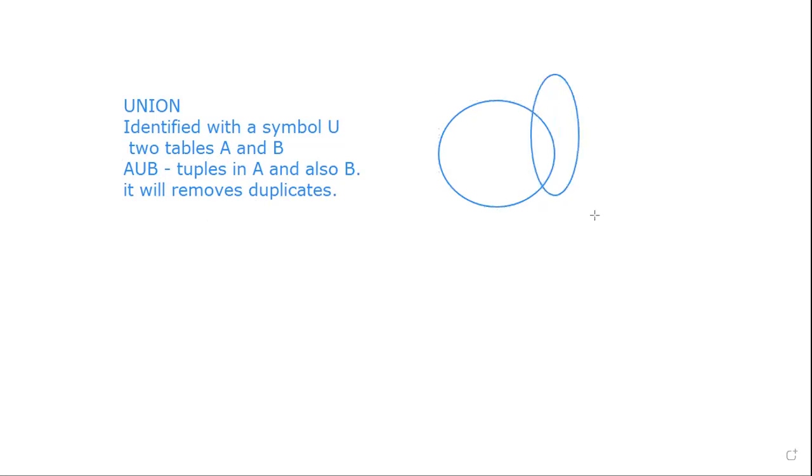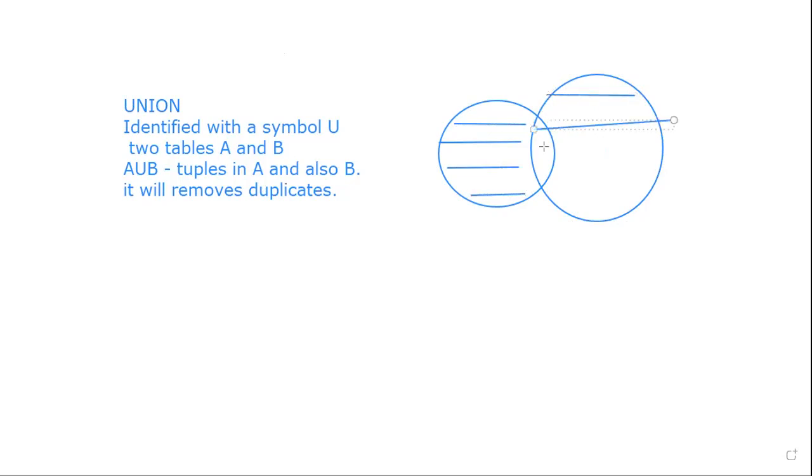You take two things, and A union B means all together. That is called A union B.